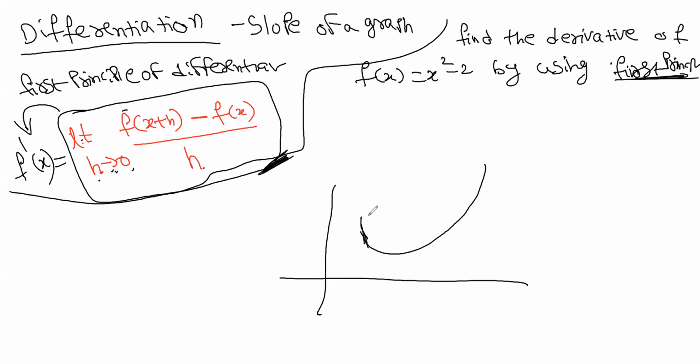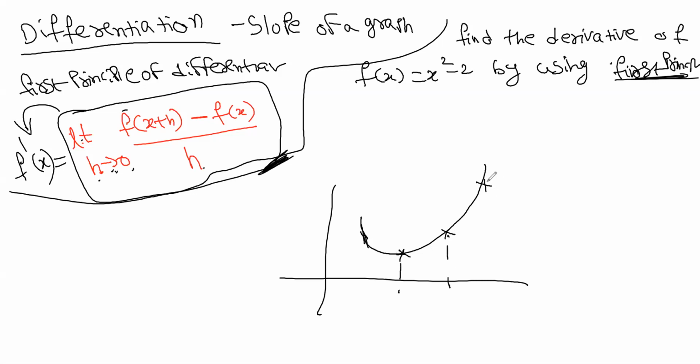Now for this curve, this is also a slope, this is also a slope, this is also a slope. All are different values. So they have to mention at which point you have to find the slope. Otherwise, you have multiple slopes. Whether you want the slope over here or over here, they have to tell.